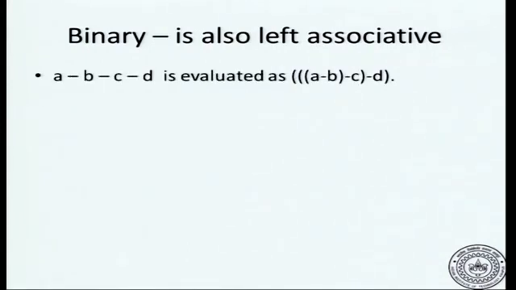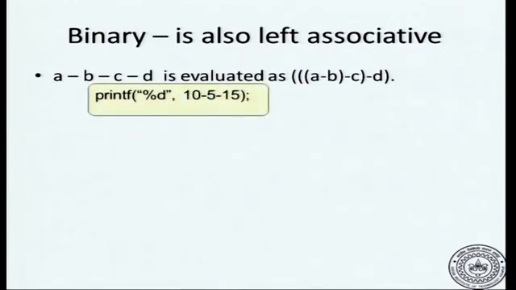For example, a minus b minus c minus d is evaluated as a minus b, then minus c, then minus d. So, for example, if you say 10 minus 5 minus 15, what will be done is 10 minus 5 and then minus 15. So this is 5 minus 15, which is minus 10.